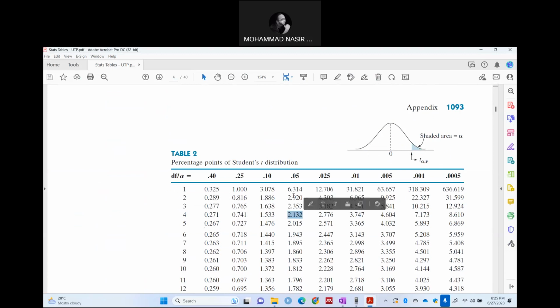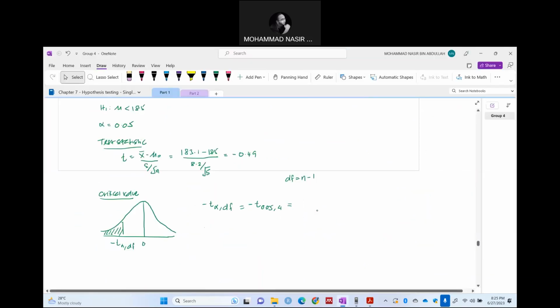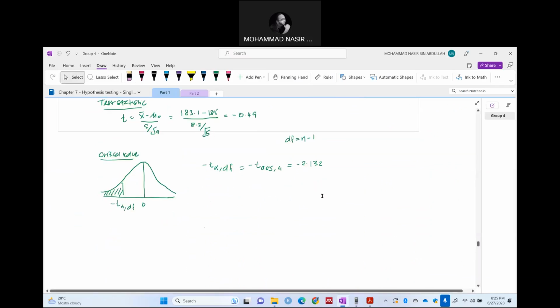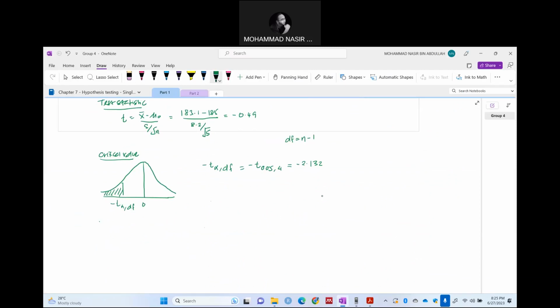So this is the value of T 0.05, degree of freedom 4, which is 2.132. So this one is equal to negative 2.132. Right.